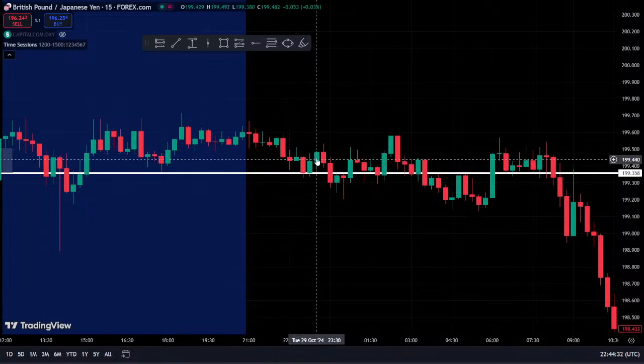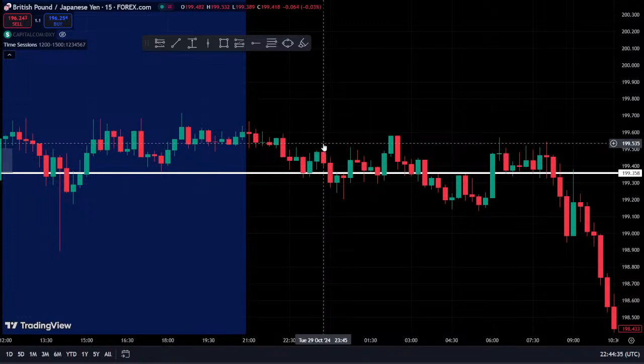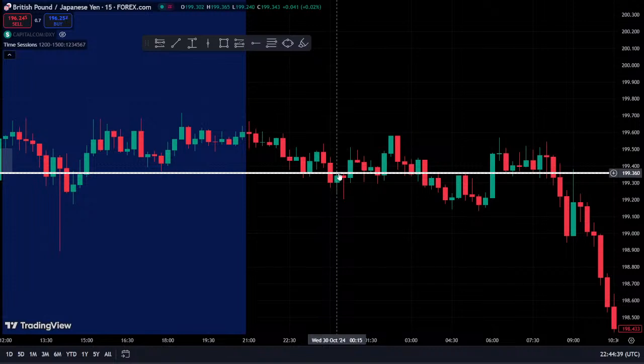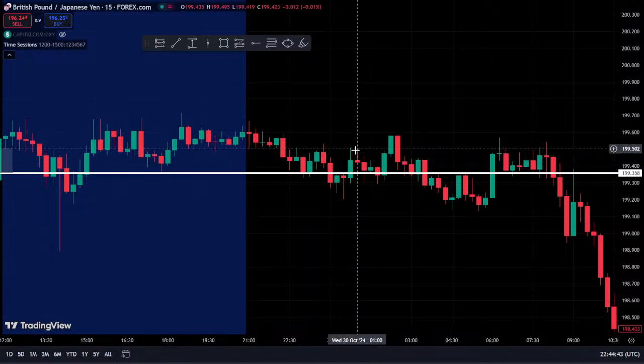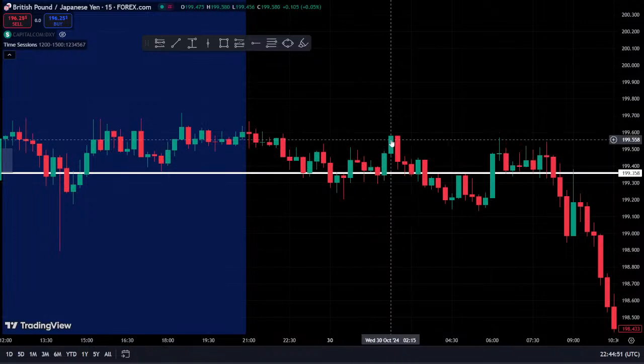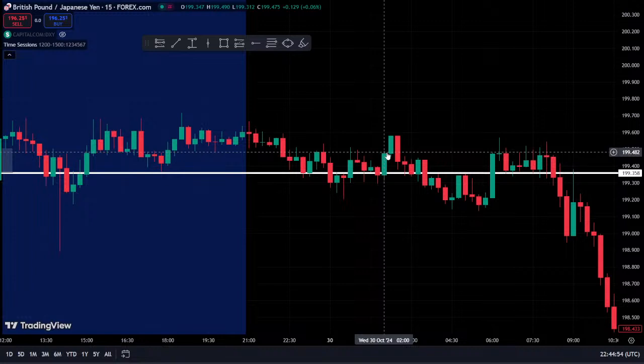So this is the next recent. Then it would be this one, then this one, then this one. And at this point, all of these break it, so it's looking at the uptrend.